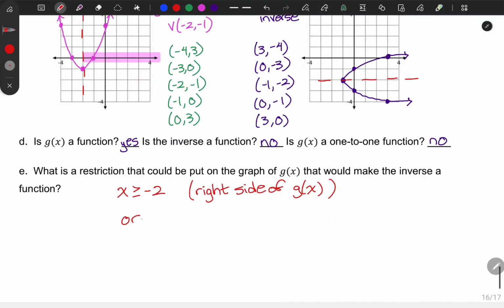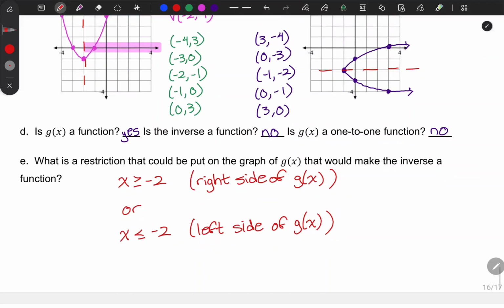Similarly, if we just took the left half, x is less than or equal to -2, that would give you the other half of the inverse, and it would also be a function by itself. Does that feel okay? Yeah. All right, let's look at one last example.